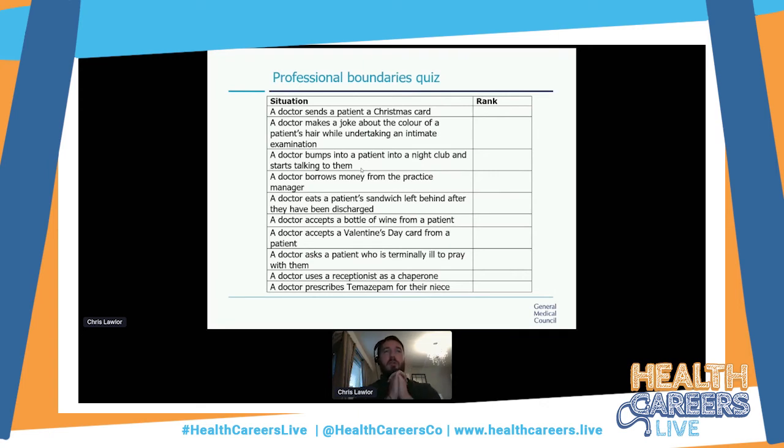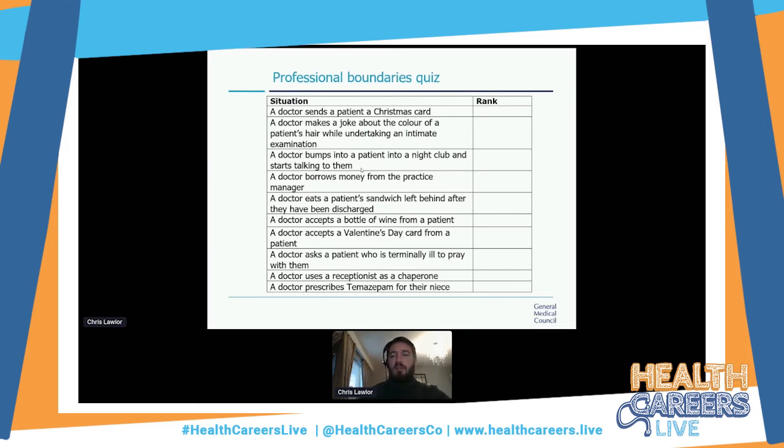So a doctor borrowing money from the practice manager, again, on the face of it, is not going to cause you any issues. I'm sure we have all left the house at different times and forgotten our wallets, forgotten our purses, left our bank cards at home, not got any money on us. If you're just borrowing £5 or £10 to go and get some lunch or whatever it is that's needed, it's going to be absolutely fine. The issue we want to consider is, what if this is an ongoing process?